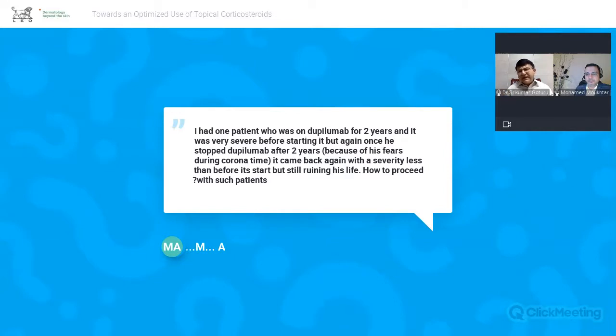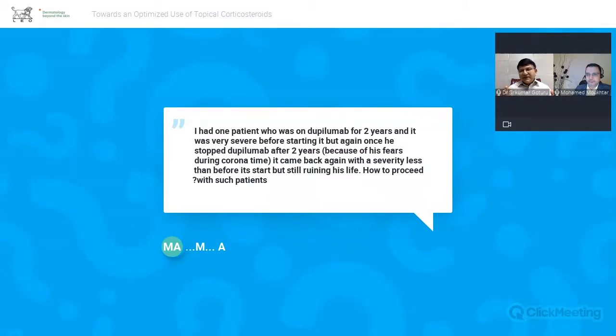So when it comes back, generally, so far in real world practice, if you restart the agent, it seems to be working as well as earlier. And the incidence of anti-drug antibodies is low. Of course, this is where your judicious use of topical corticosteroids and calcineurin inhibitors is important too. And you should be able to judge when exactly you would be able to restart the patient on dupilumab.